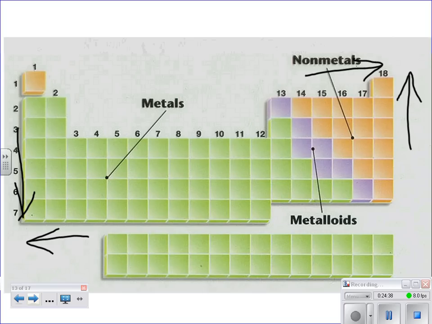So if you're given a group of elements and asked which one has the greatest radius or the greatest ionization energy, you're either going towards this corner or this corner over here. You are never going to trend to the other corner. So that's just a little tip for you.